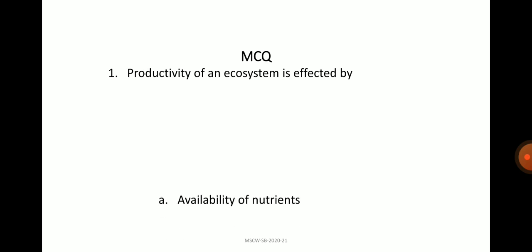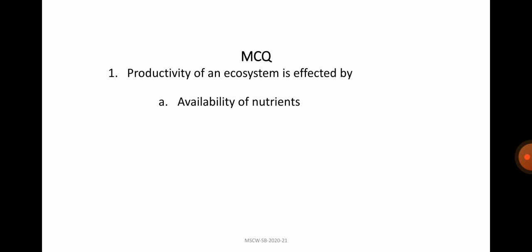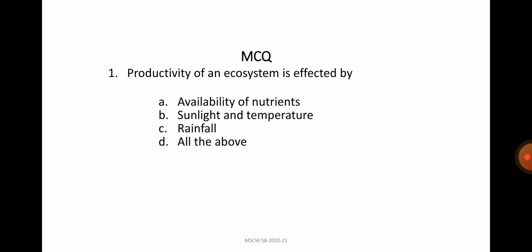The first one being, the productivity of an ecosystem is affected by: the options are A, availability of nutrients, B, sunlight and temperature, C, rainfall, and D is all the above. The answer being D, that is all the above. That means the productivity of an ecosystem is affected by the availability of nutrients, the sunlight and temperature, and rainfall.